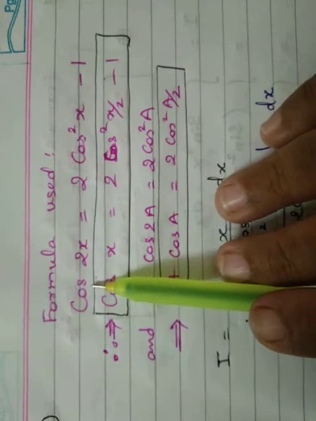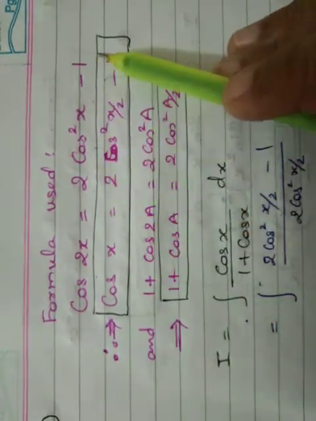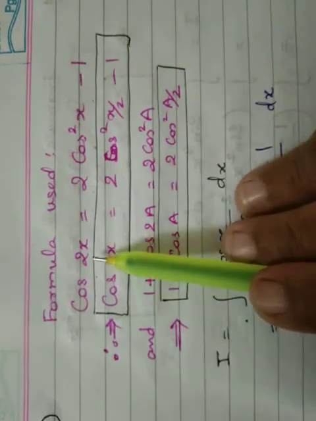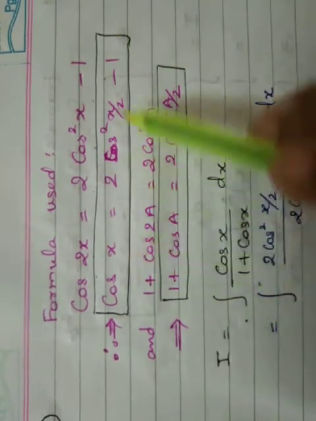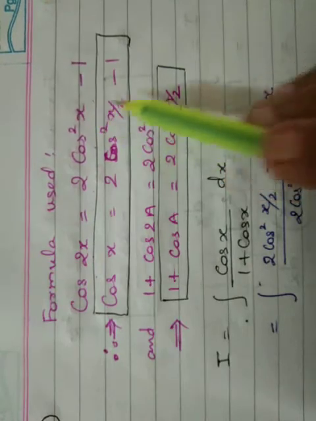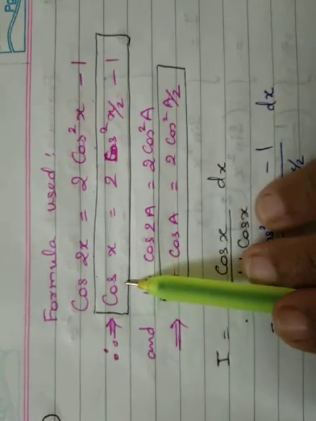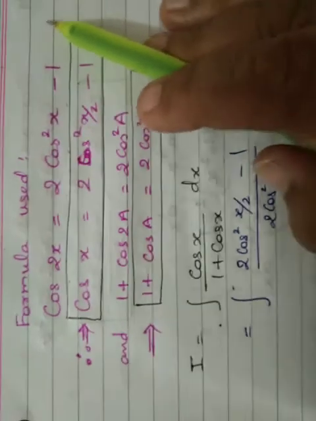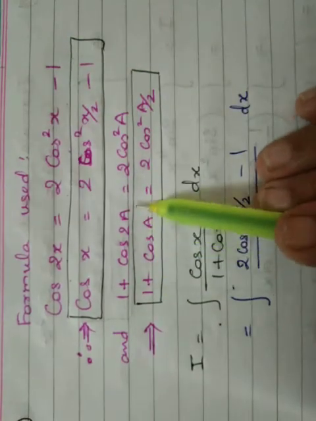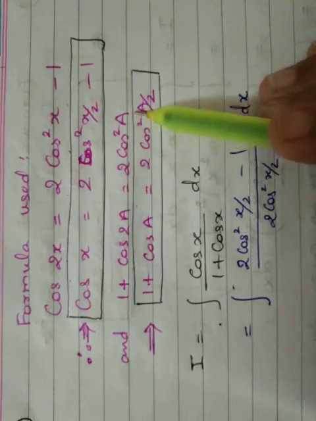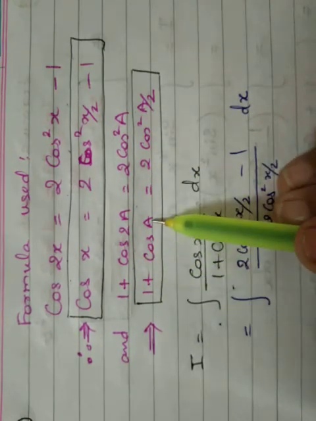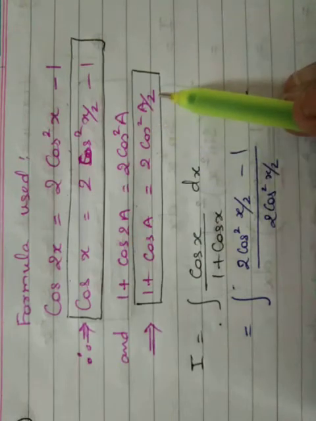So we know the basic formula cos of 2x is 2 cos squared x minus 1, half the theta, so that can be written as 2x's half will be x and x's half will be x by 2, so I can write cos x is 2 cos squared x by 2 minus 1, and same way 1 plus cos of 2x, I know that it is 2 cos squared x, half the theta, so that will become 1 plus cos x is 2 cos squared x by 2.